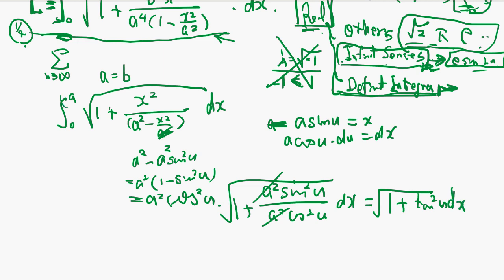And remember, this is the x value, okay, not u. And what is this? This is like 1 over cos squared u, du.